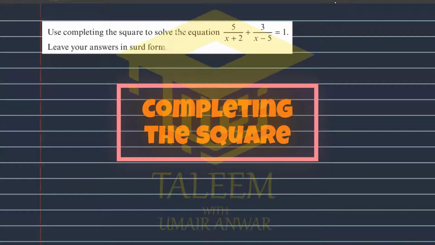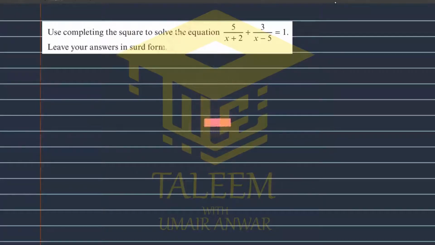Now, to further understand the completing of a square method, let me solve another example. This example says to use completing the square to solve this equation. Remember, we have to find the value of x. That is what the solution of an equation is.